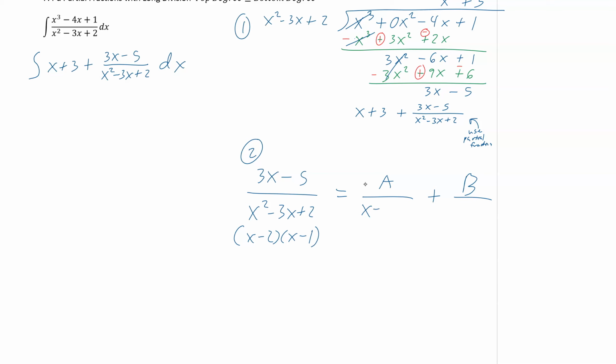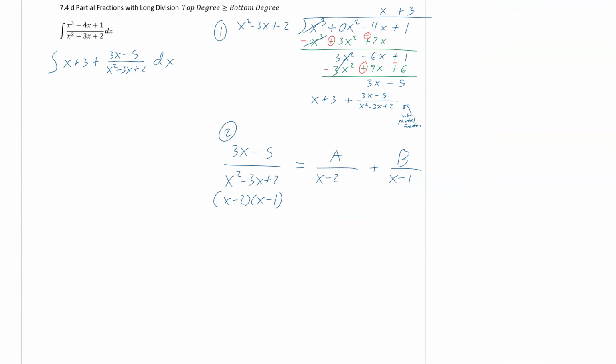And that would give us x minus 2, x minus 1. So we're going to take a and multiply it by x minus 1. And we're going to take b and multiply it by x minus 2. And then that will add up to give us the top, which is 3x minus 5.